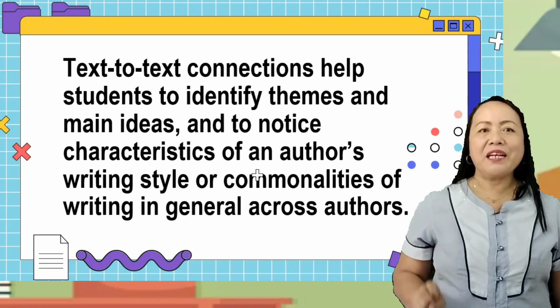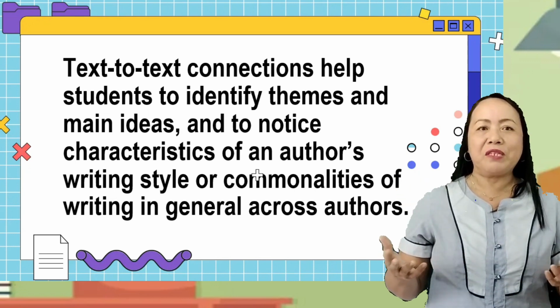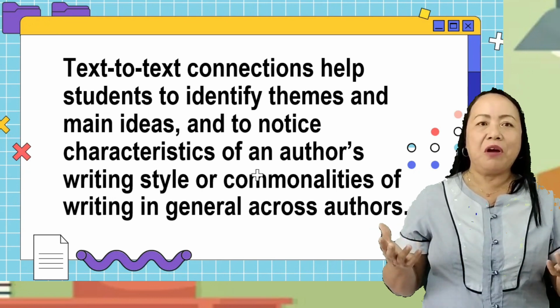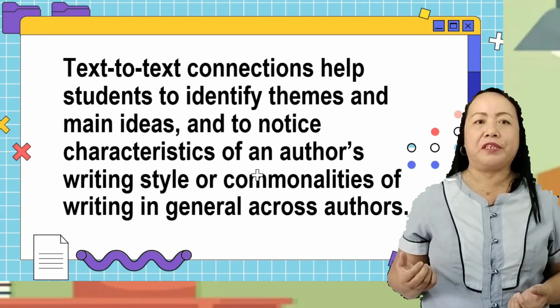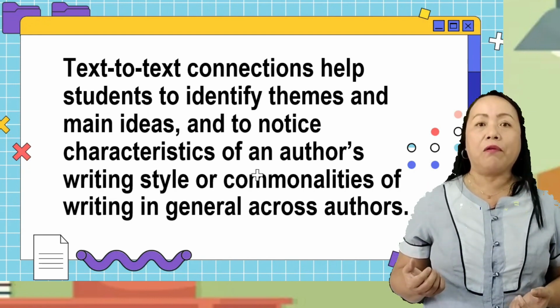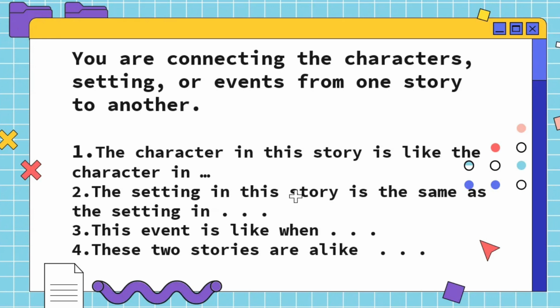Second, text-to-text connections help the students to identify themes and main ideas, and to notice characteristics of an author's writing style or commonalities of writing in general across authors. You are connecting the characters, setting, or events from one story to another.